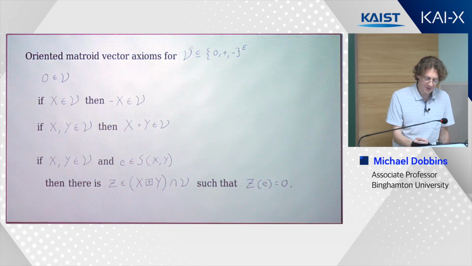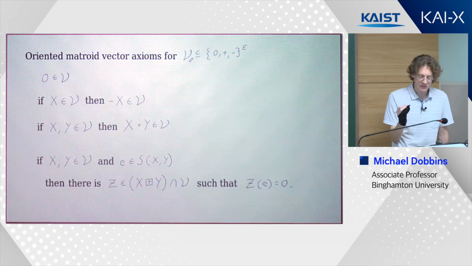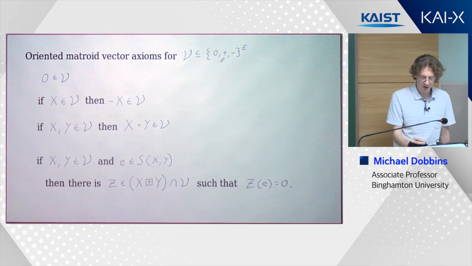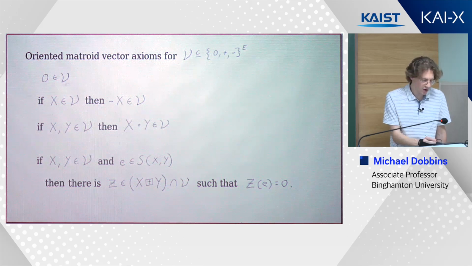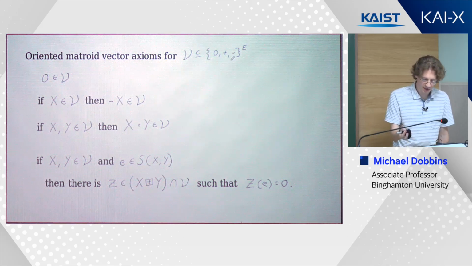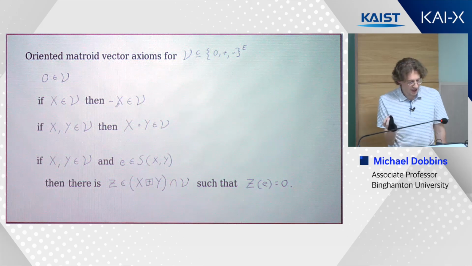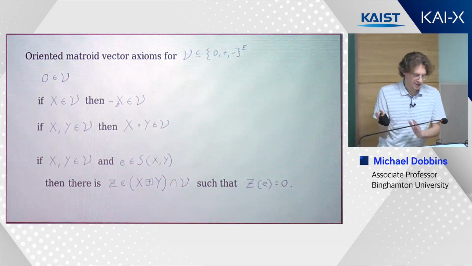We can think about this as being the analog of a vector subspace of the set of sign vectors. And so we should have 0 in a subspace. If we have a vector, we can scale it. In that case, if we just have 0 plus minus, the only thing that gets us different by scaling is we get the negative.